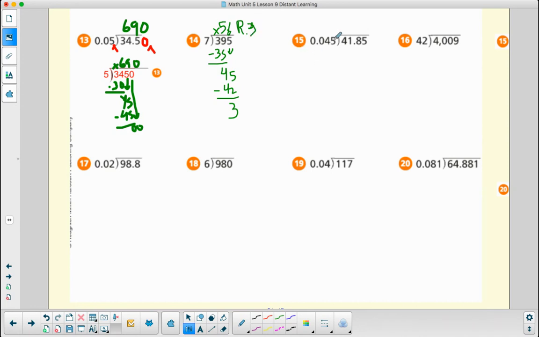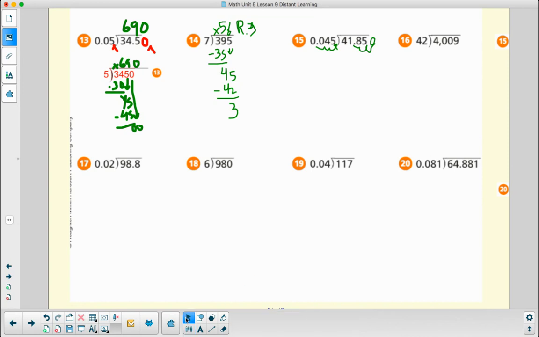Number 15. Wow. 3 decimal places means to multiply by 10, 100, 1,000. So I have to multiply my dividend by 10, 100, 1,000 means to attach another 0.